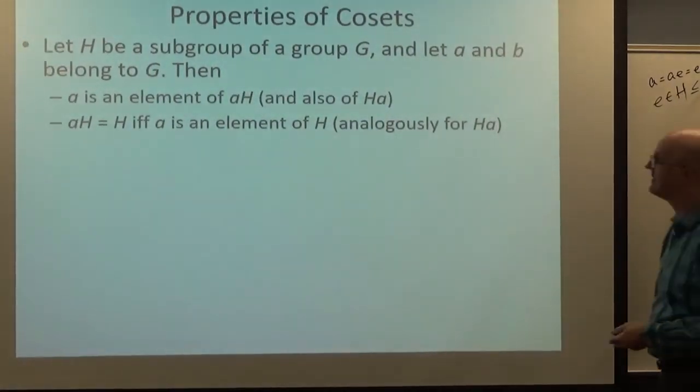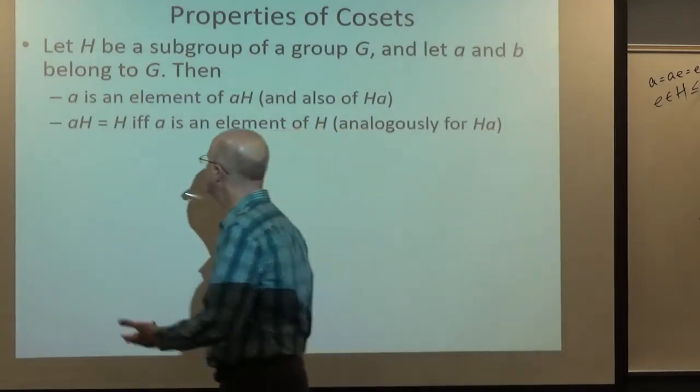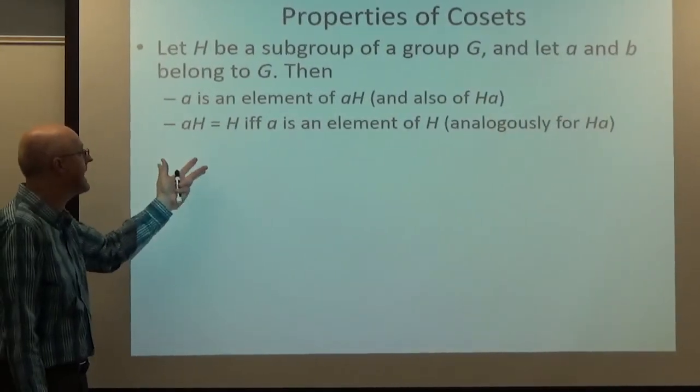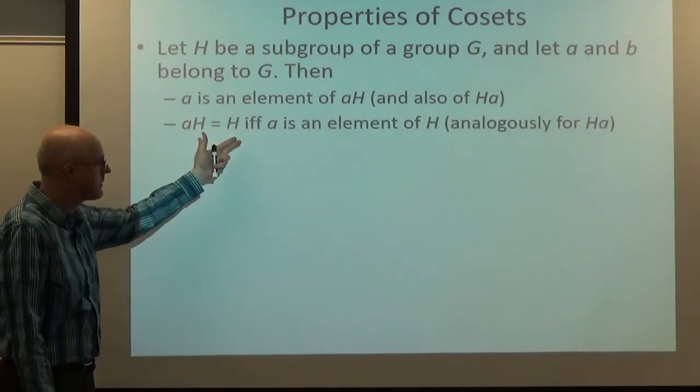The left coset of H in G containing A equals H itself if and only if A is an element of H. So it's not that it just contains A, but if A is in H, this left coset will equal H itself.